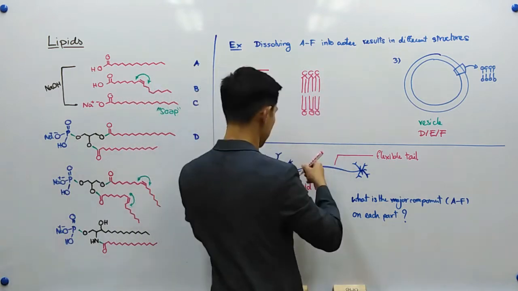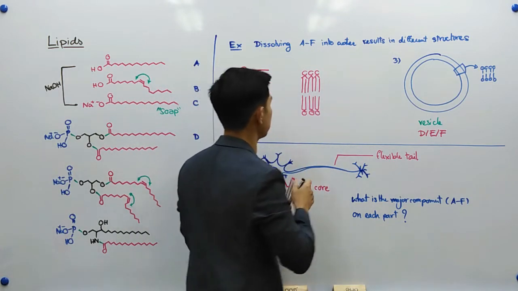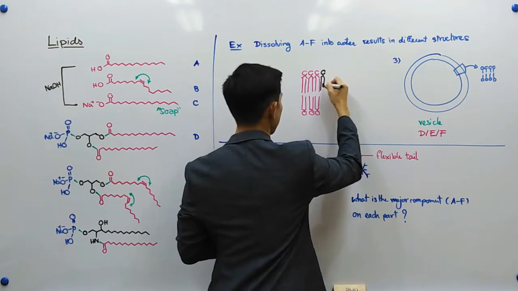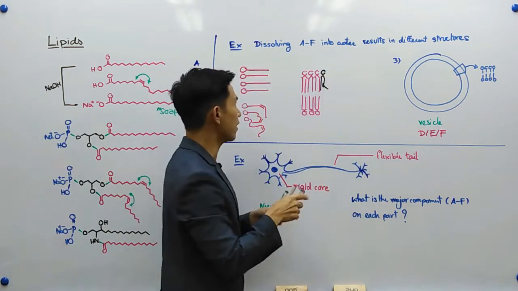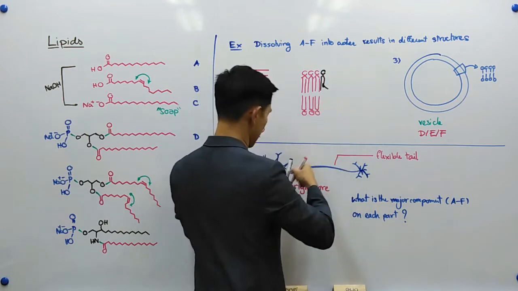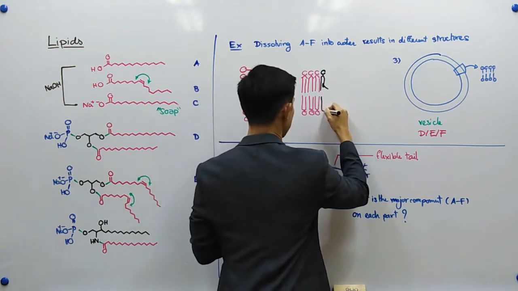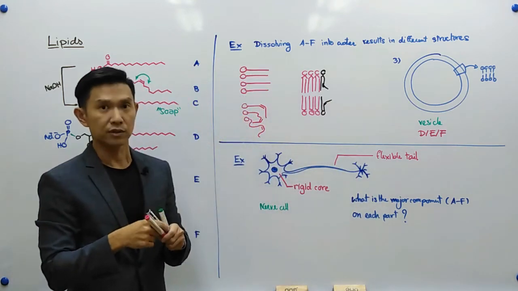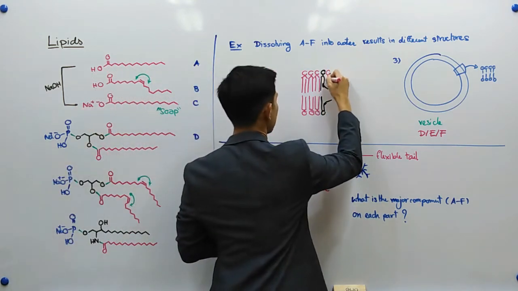But if the cell membrane is packed in this style, and you have a cis isomer here and a cis isomer here, right? So it's like that. It ruins the packing system of this one.